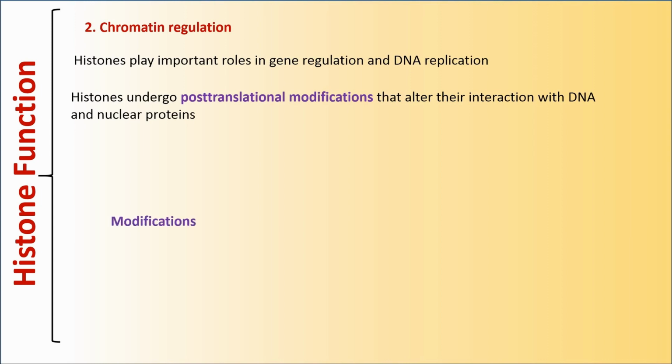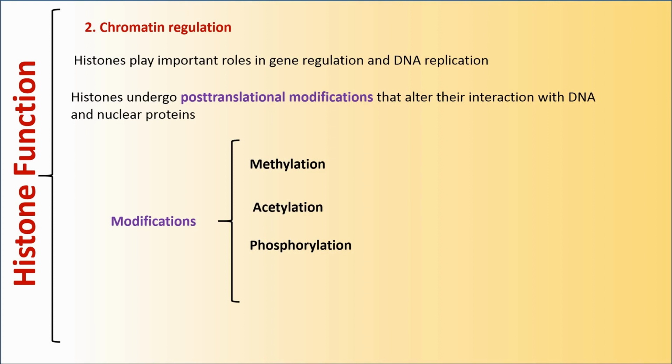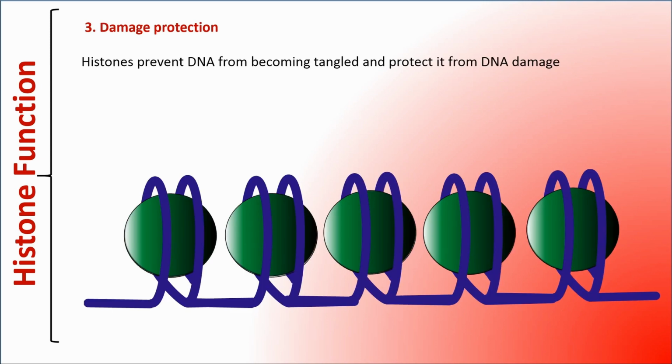These modifications are methylation, acetylation, phosphorylation, and ubiquitination. Number 3. Damage protection. Histones prevent DNA from becoming tangled and protect it from DNA damage.